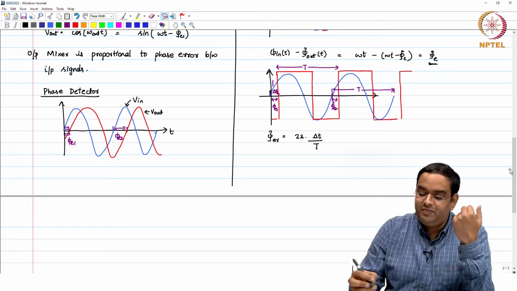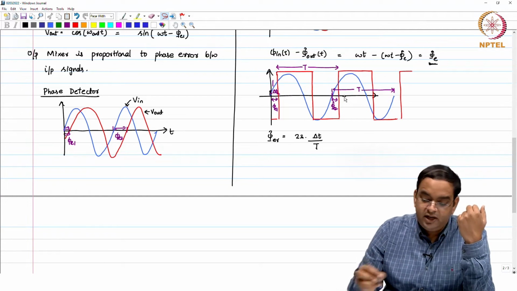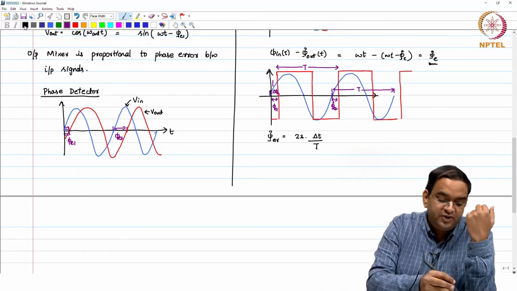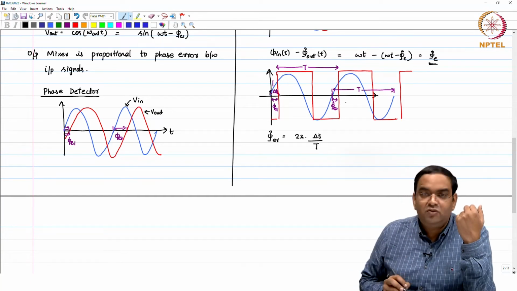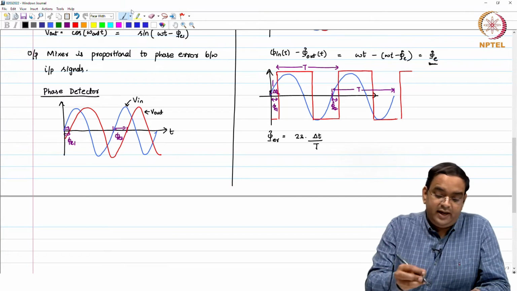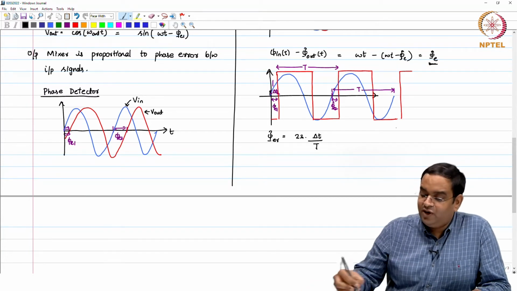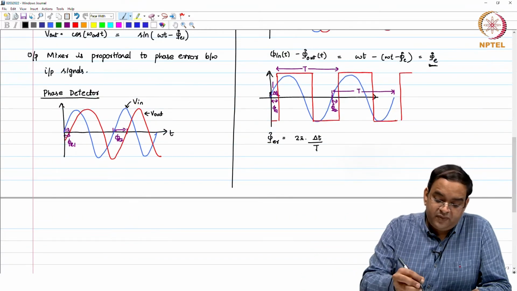Okay. And we pick up the point as shown here. If these two frequencies are going to be same, then you know that this phi E1 is going to be equal to phi E2. Okay. And similarly, how we are going to detect it, that is something which we will see.